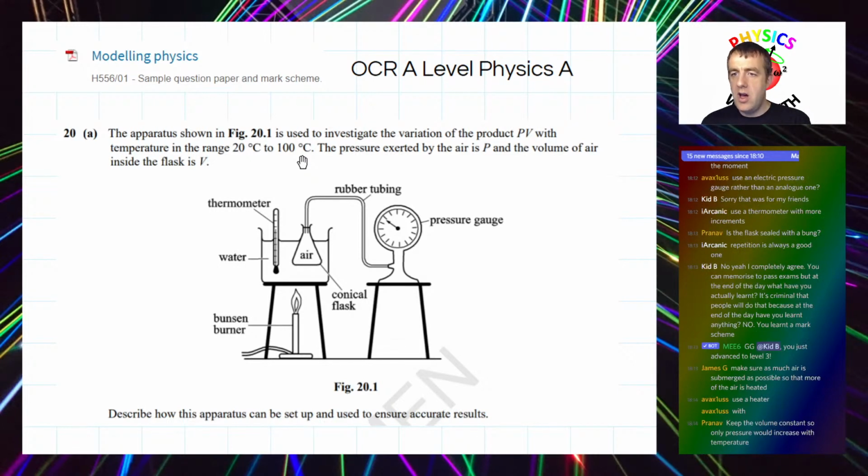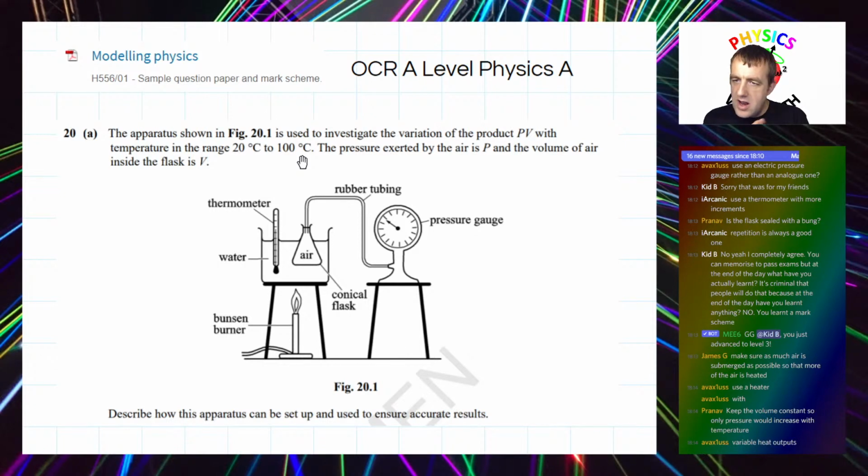Yeah. So, Avax, you've said the same thing. So use an electric heater, variable heat outputs. Maybe you've got an electric heater where you've got a voltmeter and an ammeter and a stopwatch so you can determine exactly how much energy you put in. Is that useful in this particular apparatus? Actually, probably not. Read what the investigation is.